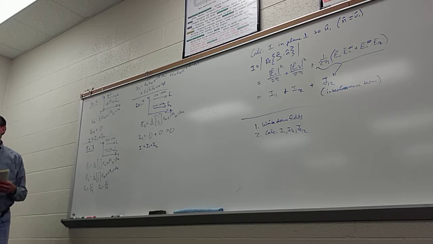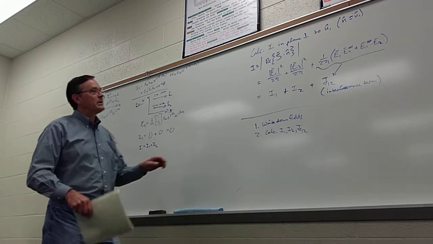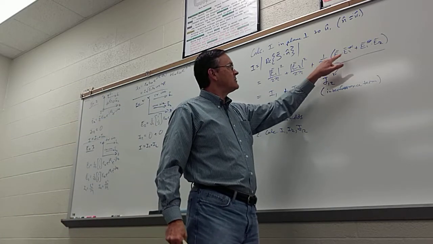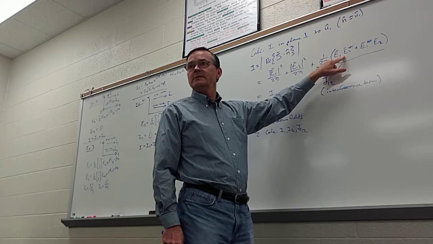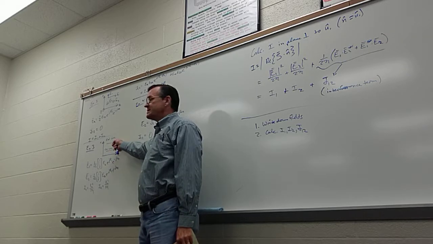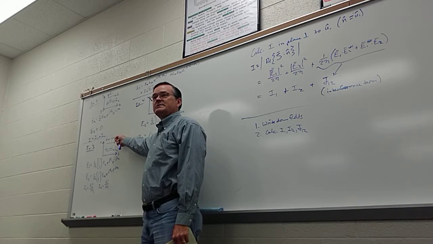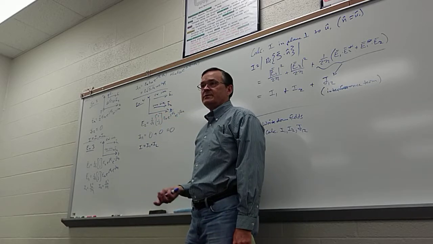Why? Different polarization. Orthogonal polarization states. When we do the dot product, it always gives us a 0. So it doesn't matter what polarization states we have, as long as they're orthogonal, then we get no interference.